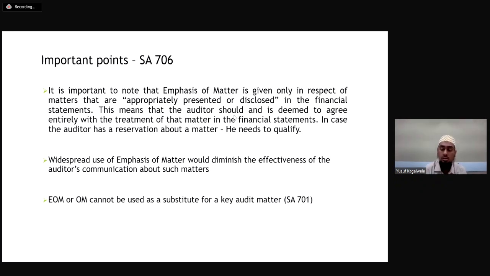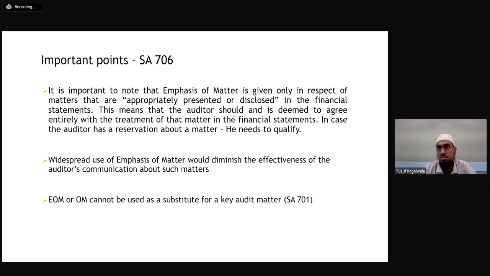Now, SA 701 I think was covered recently by WSE. So in CAM, key audit matters have their own importance. Certain matters which are discussed with those charged with governance need to be taken care of with CAM. But if they are so important, they are already disclosed in the financial statements, and they can be disclosed with an emphasis of matter, then give a CAM where required.